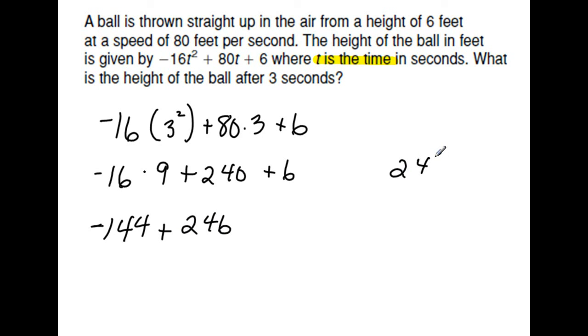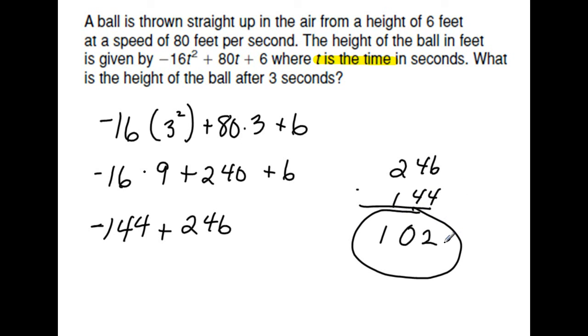So I do my long subtraction here. Line it up. 6 minus 4 is 2. I get a 102 feet. Yep, 102 feet.